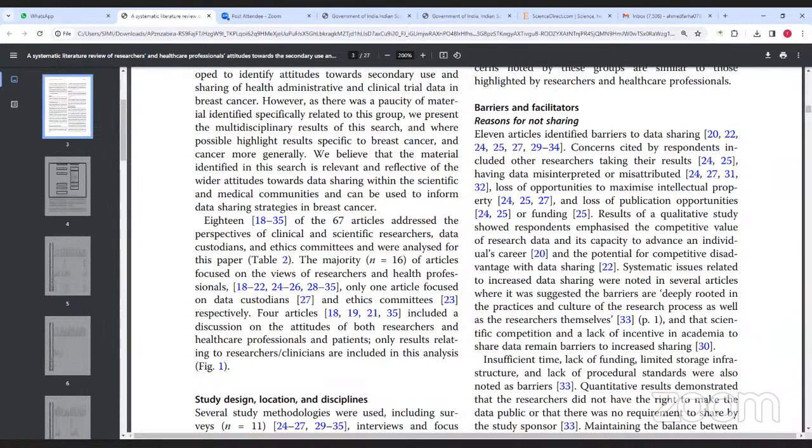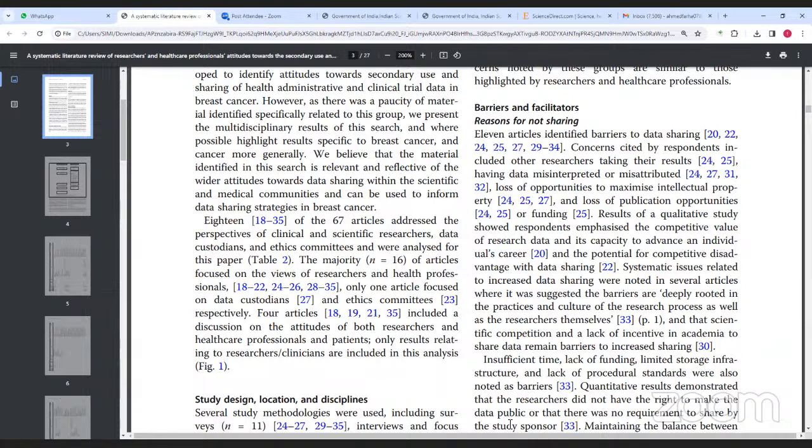Okay, next, results of a qualitative study. Results of a qualitative study showed respondents emphasize the competitive value of research data and its capacity to advance an individual's career, and the potential for competitive disadvantage with data sharing.